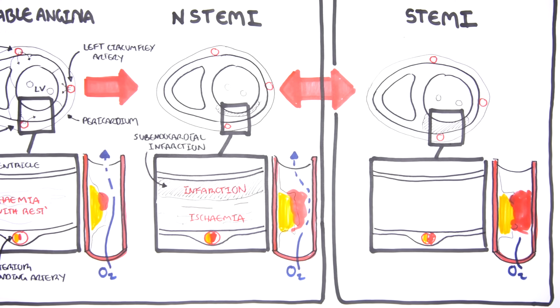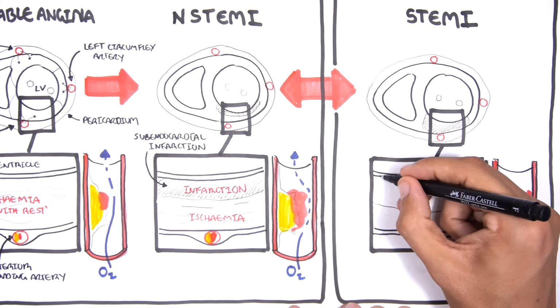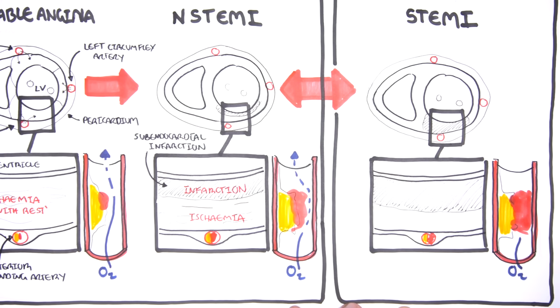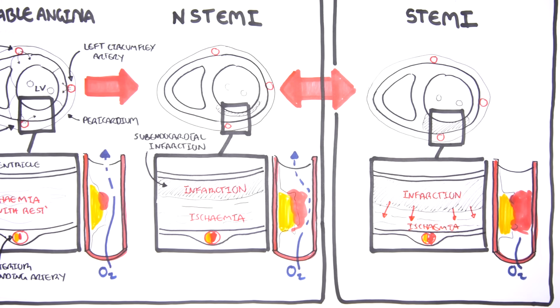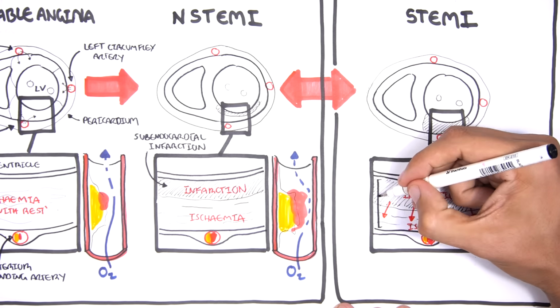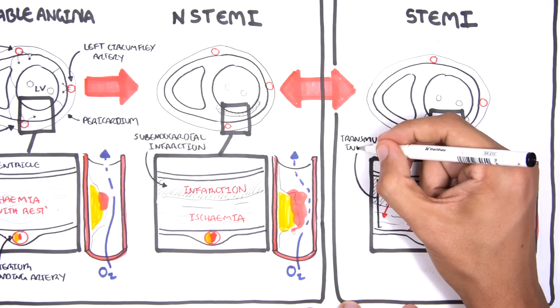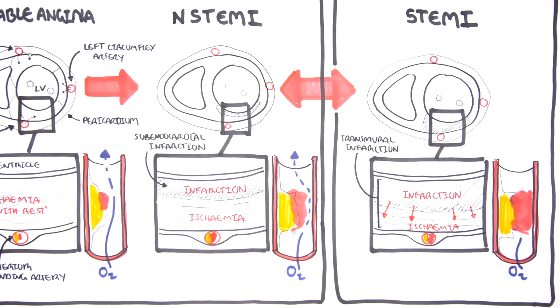Complete occlusion means you have no blood supply to the myocardium, and this means you have initially infarction distally to where the vessel supplies, and the infarction will progress proximally very rapidly until you get a transmural infarction.